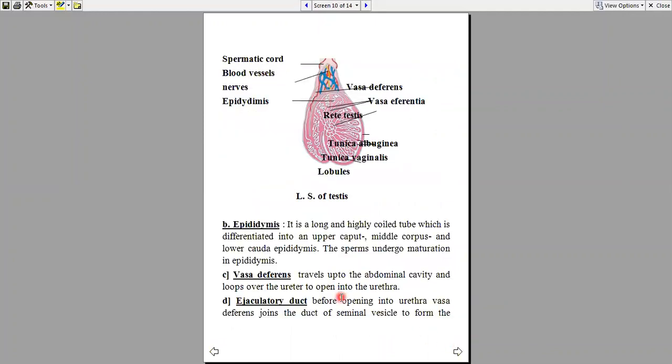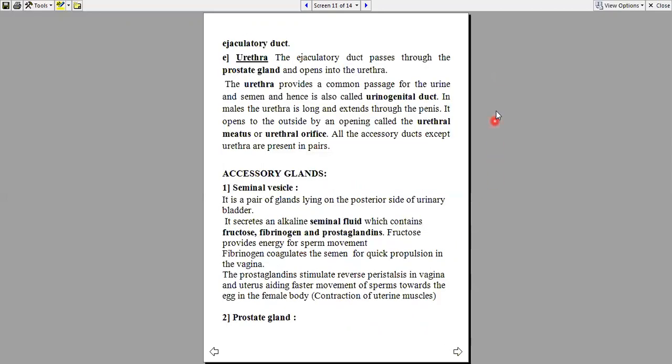So before opening into the urethra, the vasa deferens joins the duct of the seminal vesicle to form the ejaculatory duct.